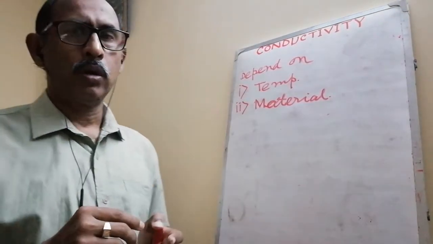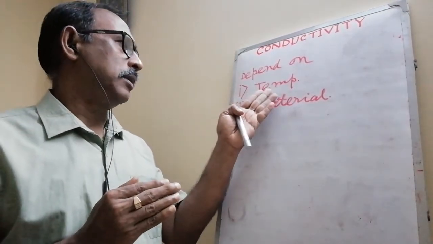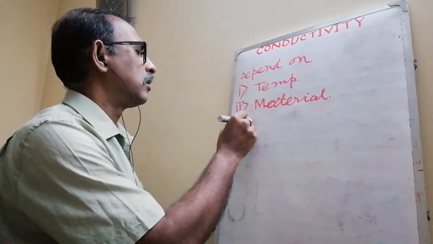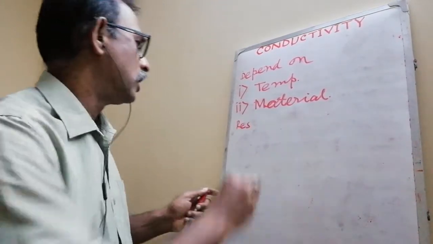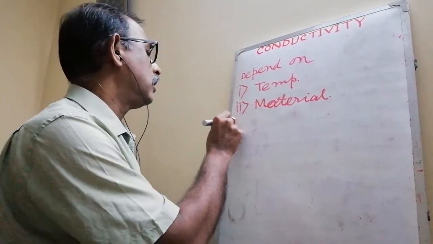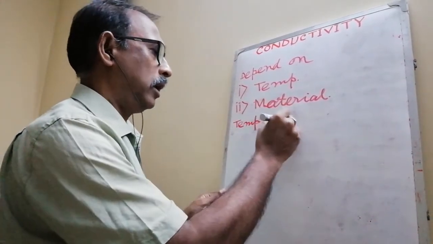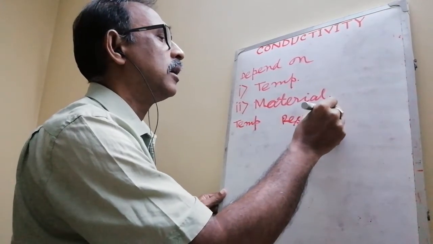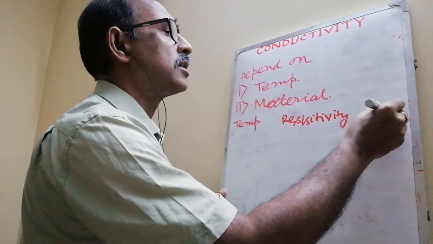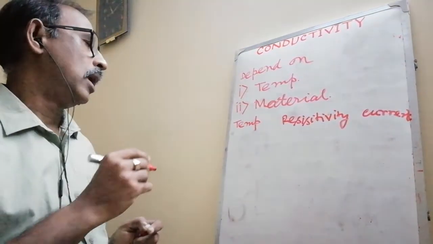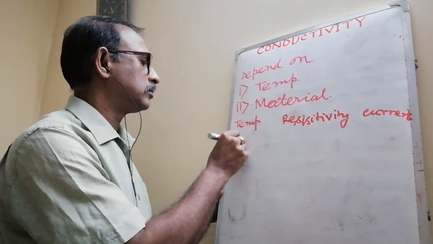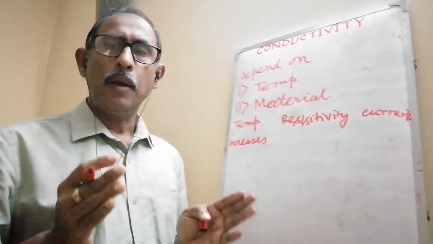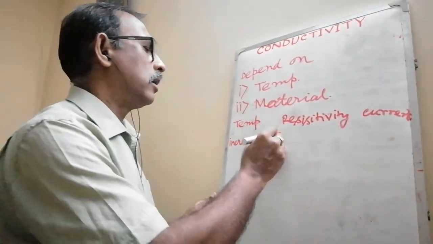Now the question is how conductivity and resistivity depend on temperature. First, resistivity. When temperature increases, the resistivity of the metallic conductor increases.